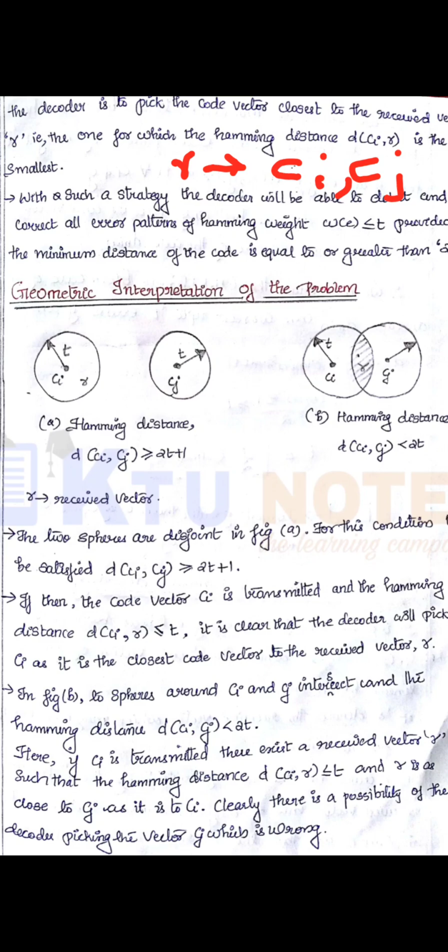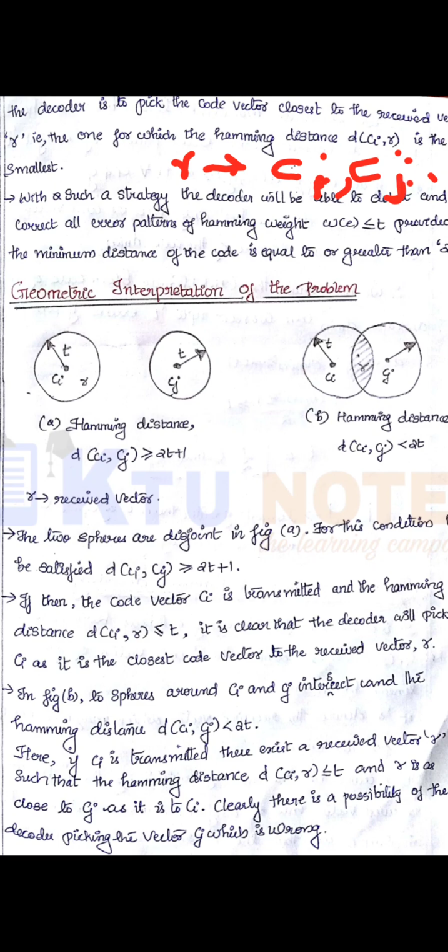By receiving the vector, we conclude that Ci and Cj, these two, may be the transmitted vector. We want to find whether Ci or Cj is the transmitted vector.